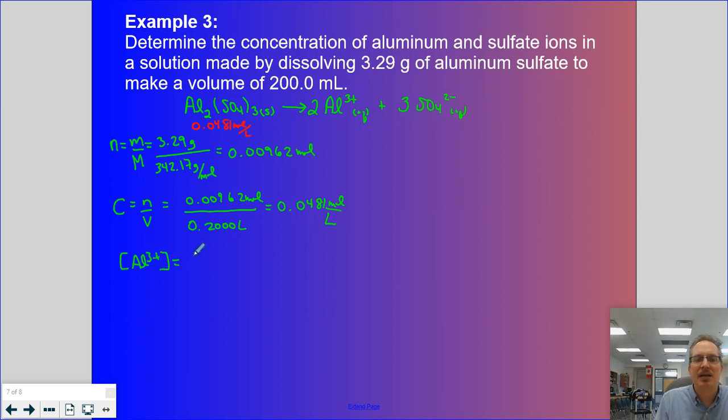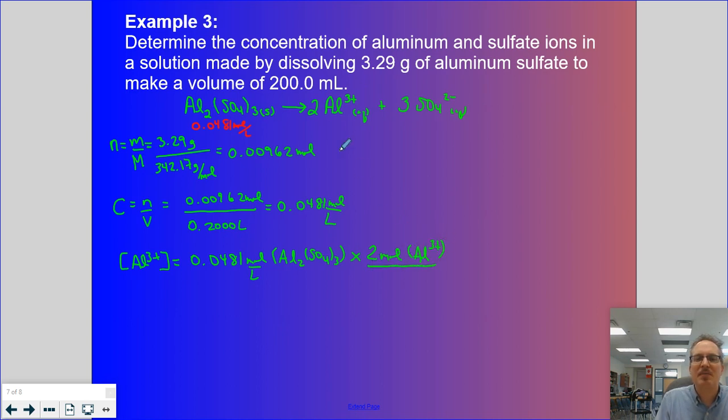So I'm going to take 0.0481 moles per liter of Al2(SO4)3. I'm going to multiply by the mole ratio right here, 2 moles of aluminum ions.